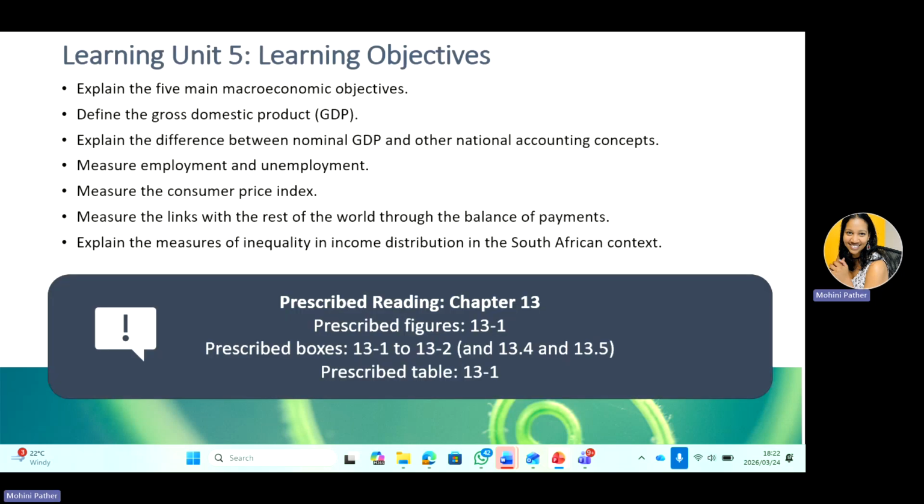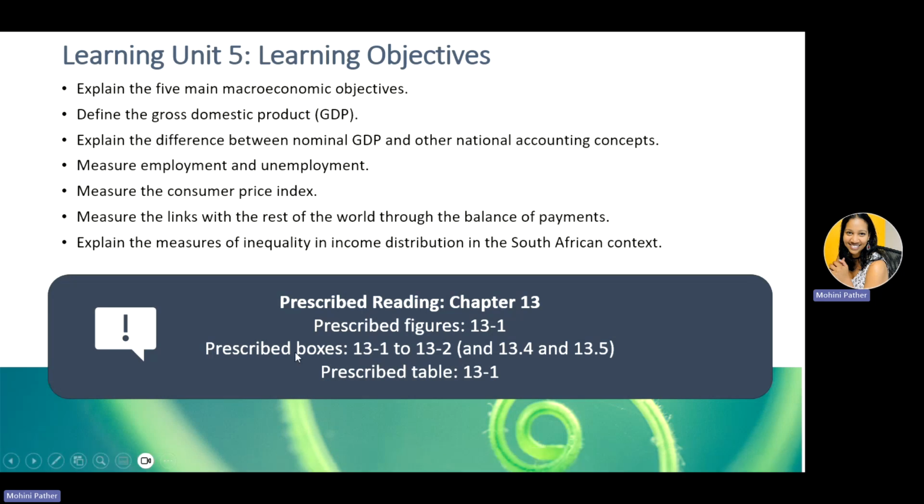Okay, so for learning unit 5, we need to cover these specific learning objectives. I encourage you, most of them are pretty simple. I'm going to fly through them quite quickly. Where I think you might struggle a little bit is that it does involve quite a few formulae. The essay questions, probably reserved for the exam, will be things like your macroeconomic objectives and defining GDP, which is actually more involved than you think.